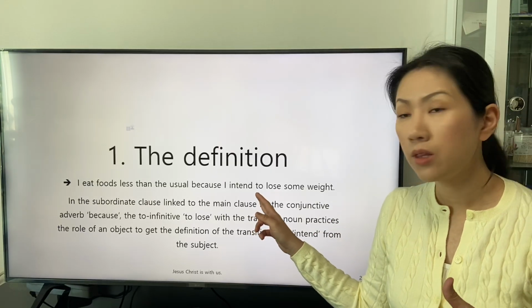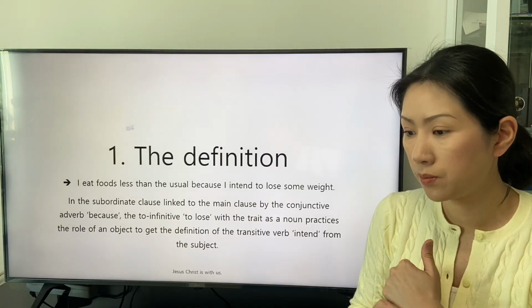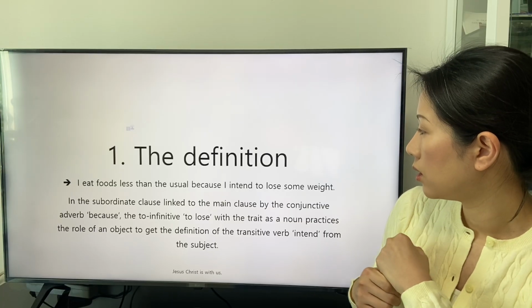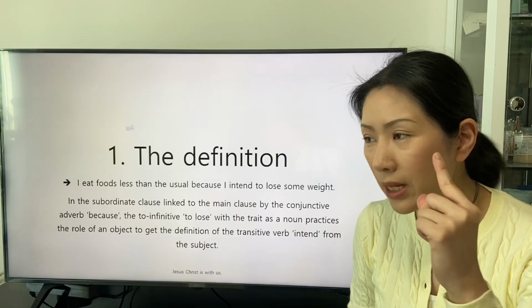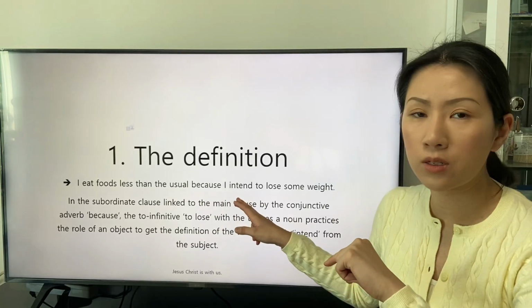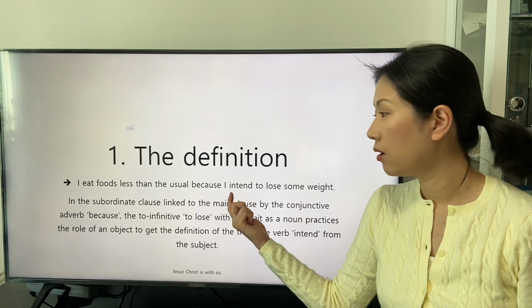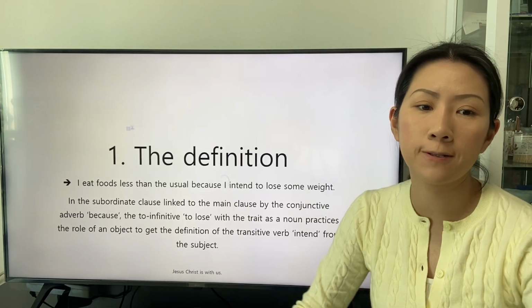The phrase of the to infinitive to lose some weight has the role as an object to receive the definition of the transitive verb intend from the speaker as the subject.